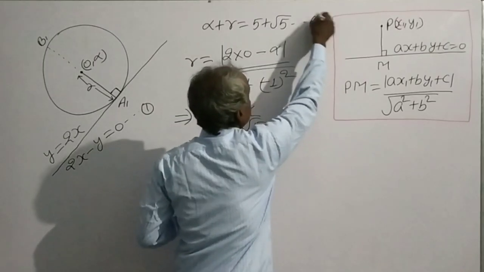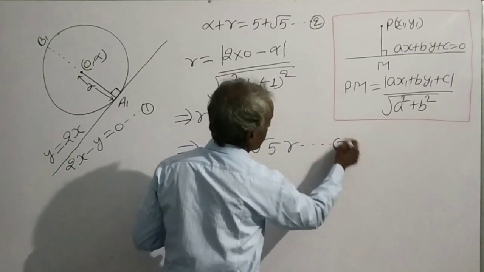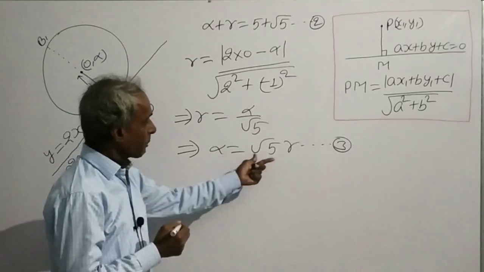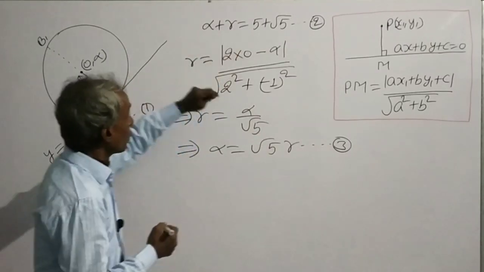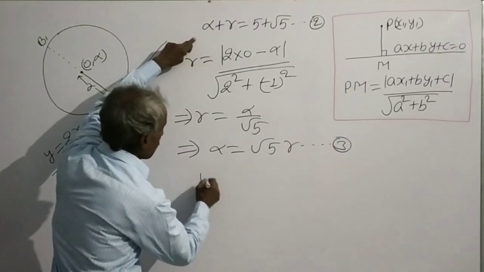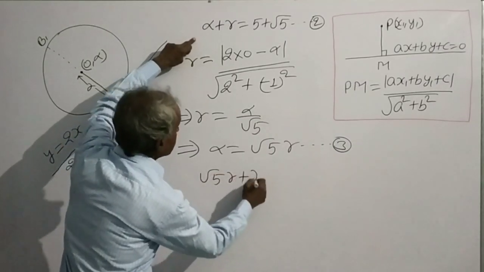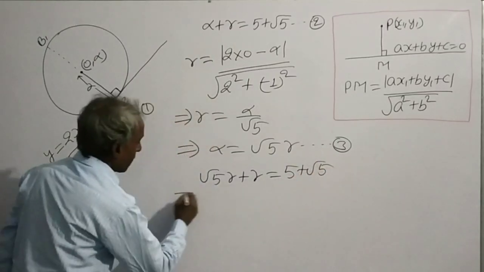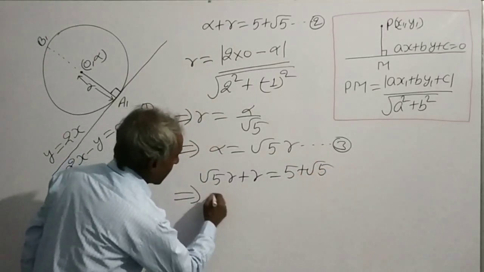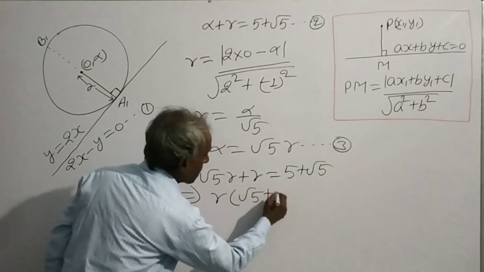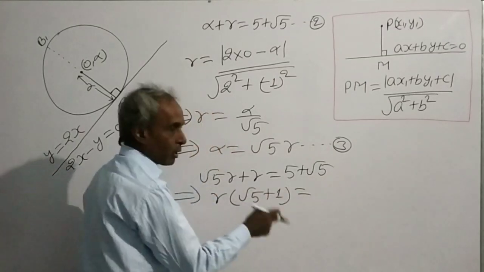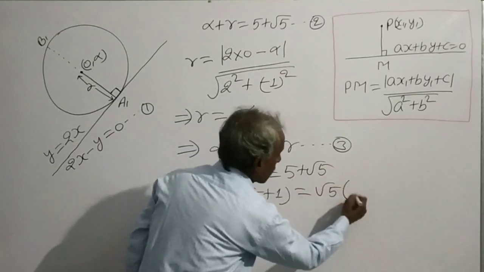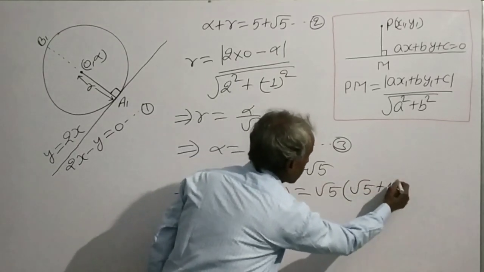Suppose this is equation 2, this is equation 3. Putting the value of alpha from 3 into 2, we get root 5 r plus r is equal to 5 plus root 5. This implies take r common, r times (root 5 plus 1) is equal to, take root 5 as common, root 5 times (root 5 plus 1).